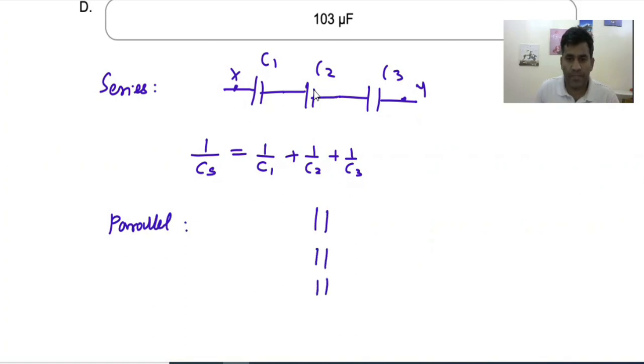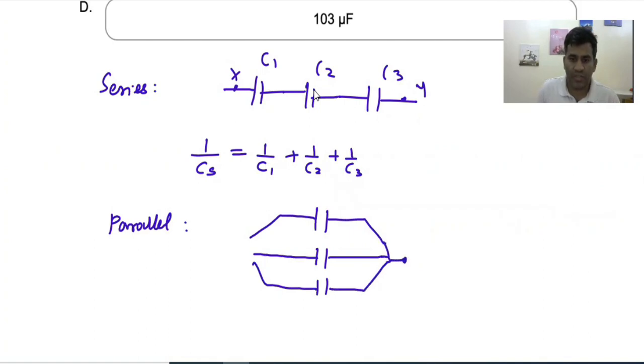This is the one point of the capacitor, this is the other terminal of the capacitor. This type of arrangement is called a parallel connection, arranging the capacitors in parallel.